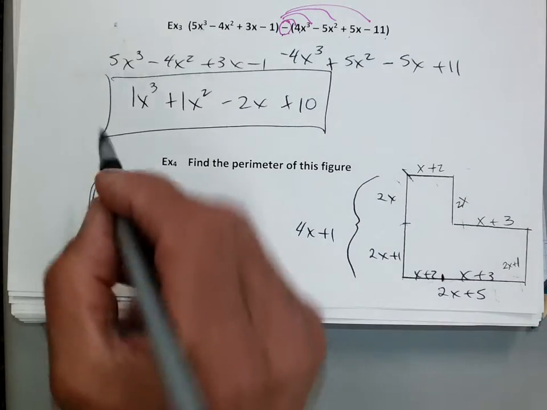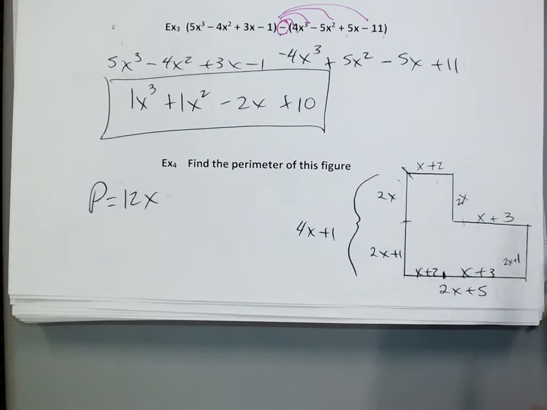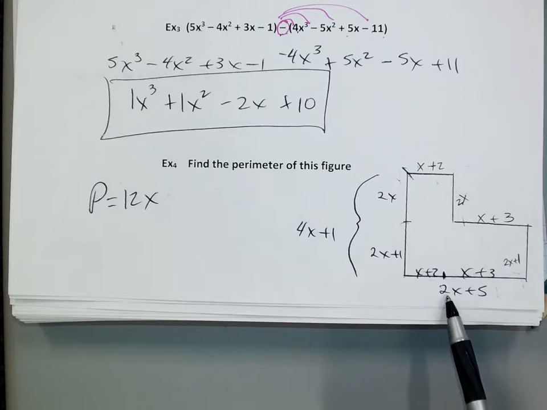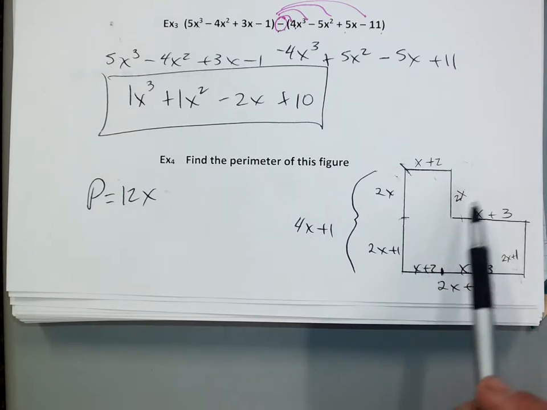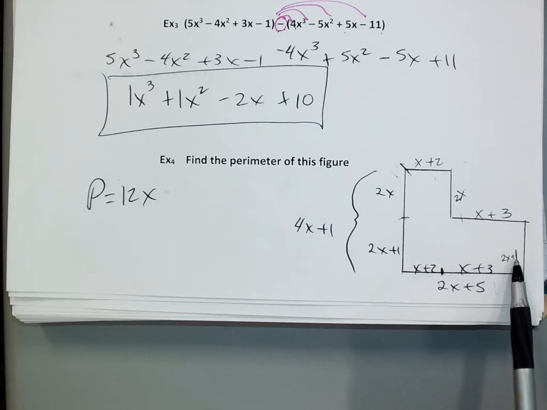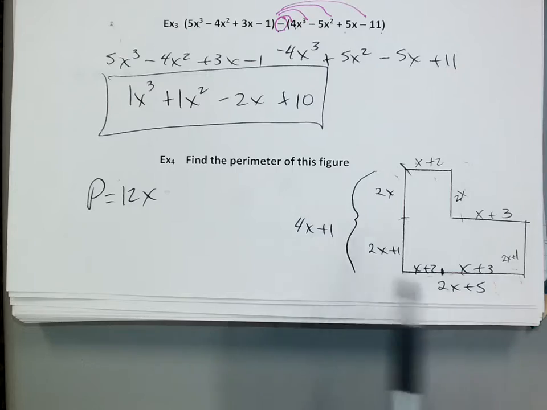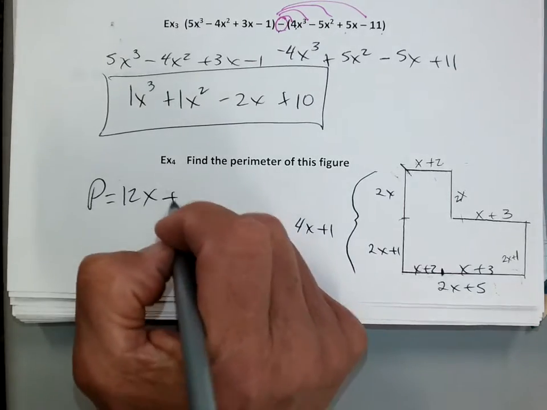So I add it all the way around, and I get 12x. Added x plus 2x plus x plus 2x plus 2x plus 2x plus 4x. I'll add the constants. I'll get 2 plus 3 is 5 plus 1 makes 6 plus 5 makes 11 plus 1 makes 12. Okay, that's my perimeter.